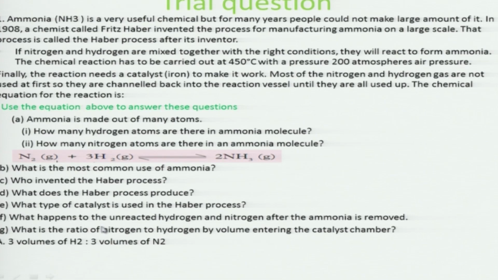What happens to the unreacted hydrogen and nitrogen? We talked about that. What is the ratio of nitrogen to hydrogen by volume? Is it three volumes of hydrogen to one volume of nitrogen? So you need to tell that because we have looked at that together here.